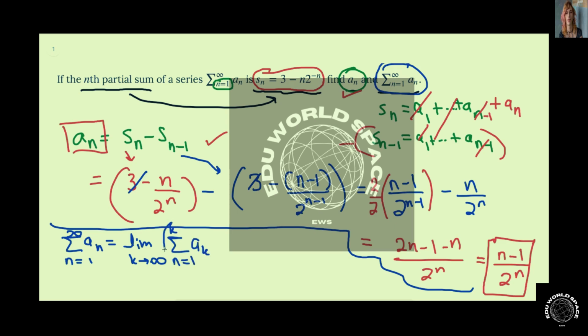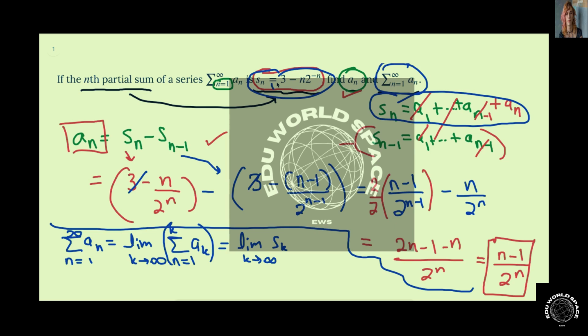In the parentheses right here, that's just equal to S_k by definition. By definition, S_k is the sum of the first k terms. And we have a formula for S_k here.